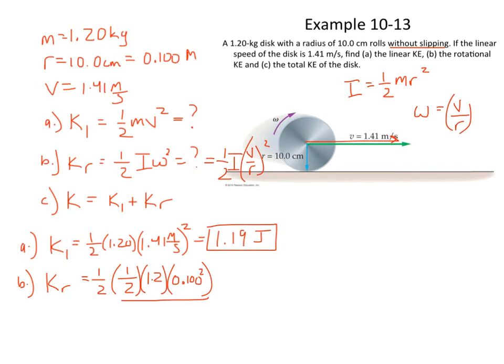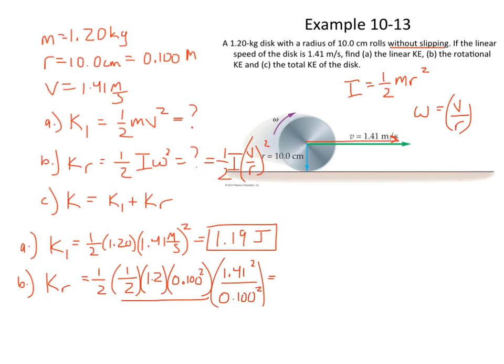We're saying velocity squared over radius squared equals angular velocity squared. So our velocity is 1.41 meters per second, squared, divided by r, 0.100, squared as well. All this multiplied together is going to be our rotational kinetic energy.